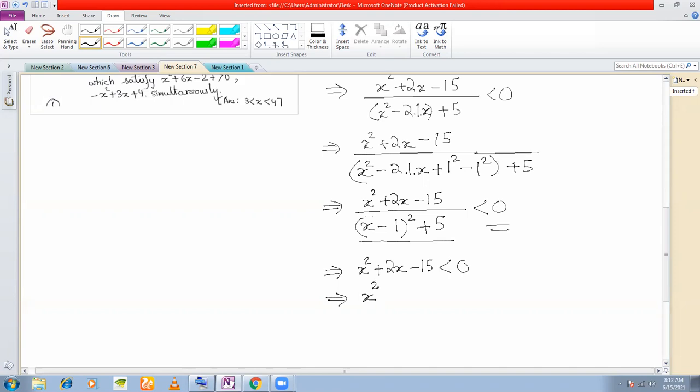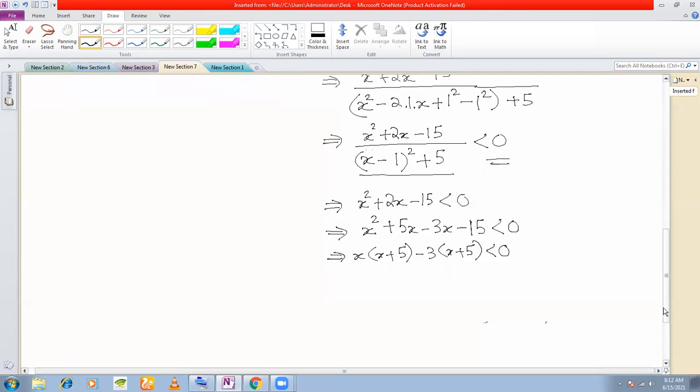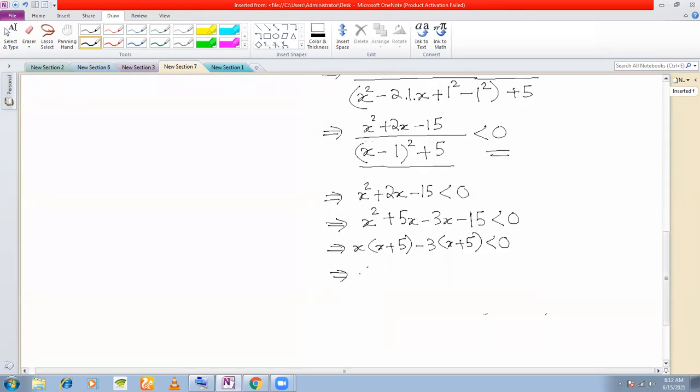x square, 5 into 3, so plus 5x minus 3x minus 15 is less than 0. Means x into x plus 5 minus 3 into x plus 5 is less than 0. Means x plus 5 into x minus 3 is less than 0.